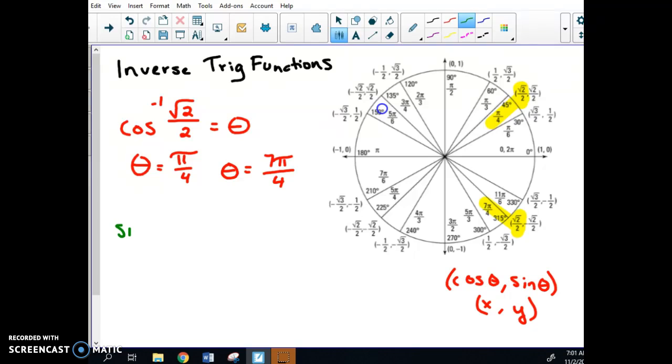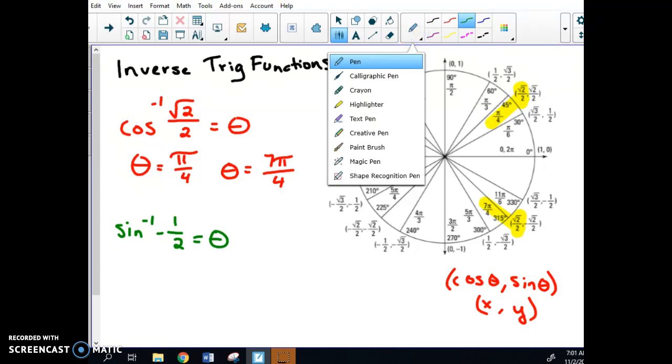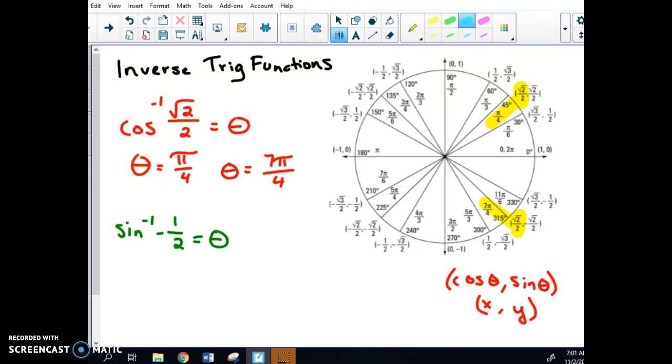So let's say that I want the inverse of sine of a half. And let's make it fun. Let's go with negative a half. So again, I'm looking for the sine value where it equals negative a half. The sine is with the y. I see it here as well as here.